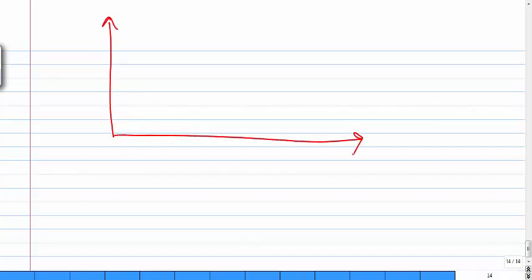What we are doing here is that we have a second order system, and we are interested in looking at, if this is my 1, and this is my response, with the time axis here.